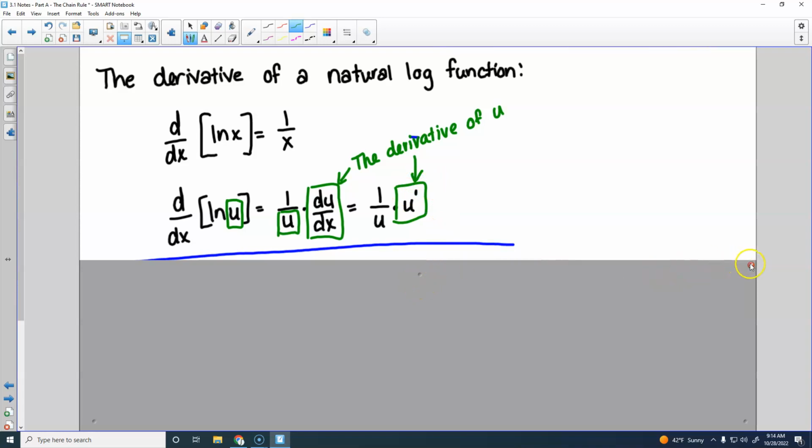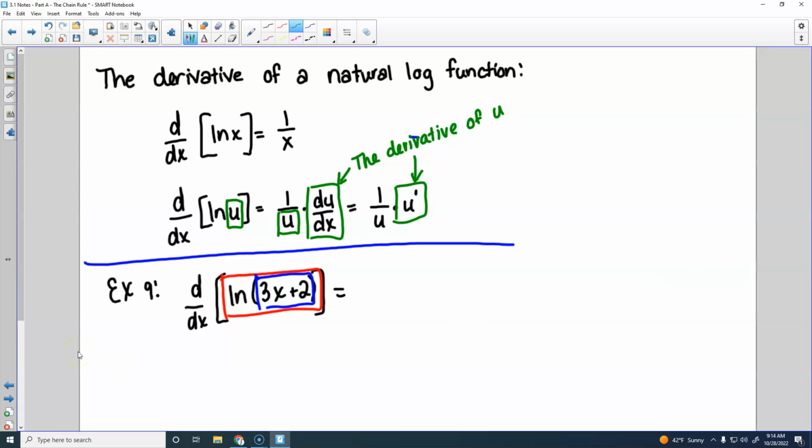Okay, so if we have a problem like example 9, give you a second to write it down. We got the derivative of natural log of 3x plus 2.